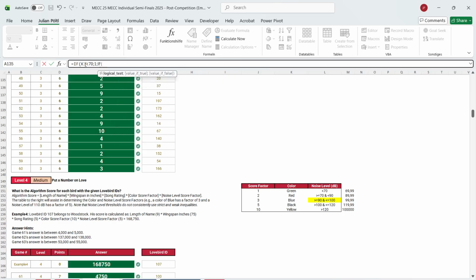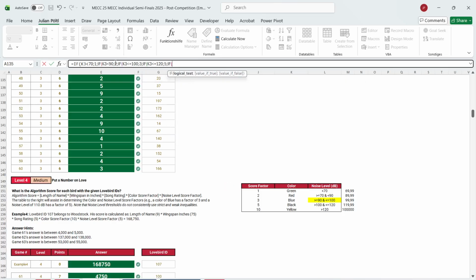Otherwise, if K3 is smaller than 90, then it's 2. Otherwise, if K3 is smaller or equal than 100, then it's 3. Otherwise, if smaller or equal 120, then it's 5.